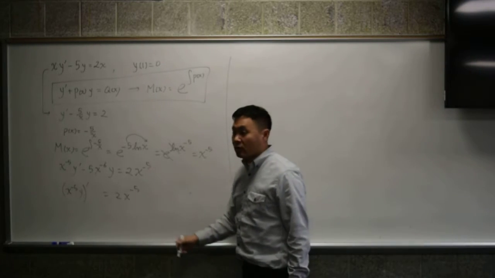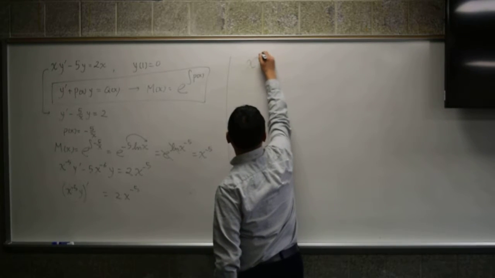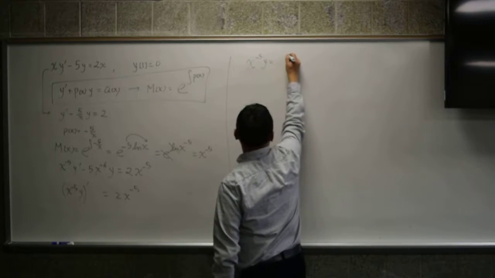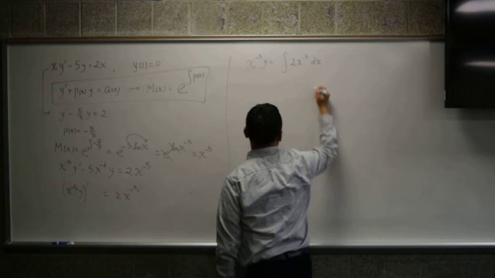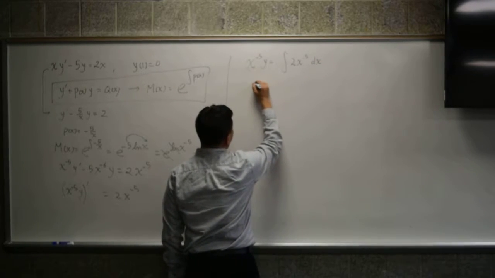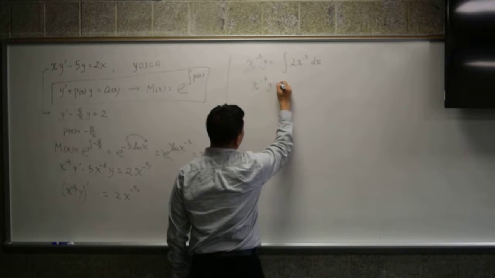Right, and then you integrate both sides, you get x to the negative 5 y, integrate 2 x to the negative 5 dx, and then that's x to the negative 5 y.